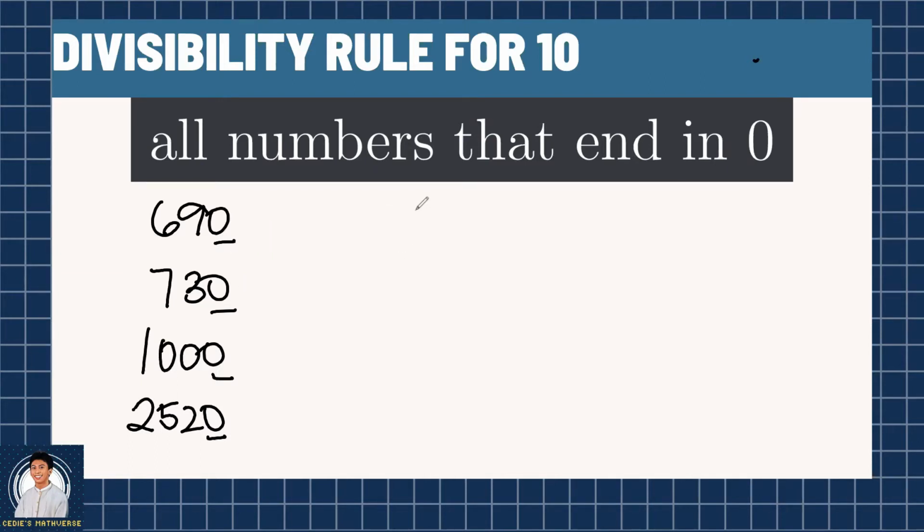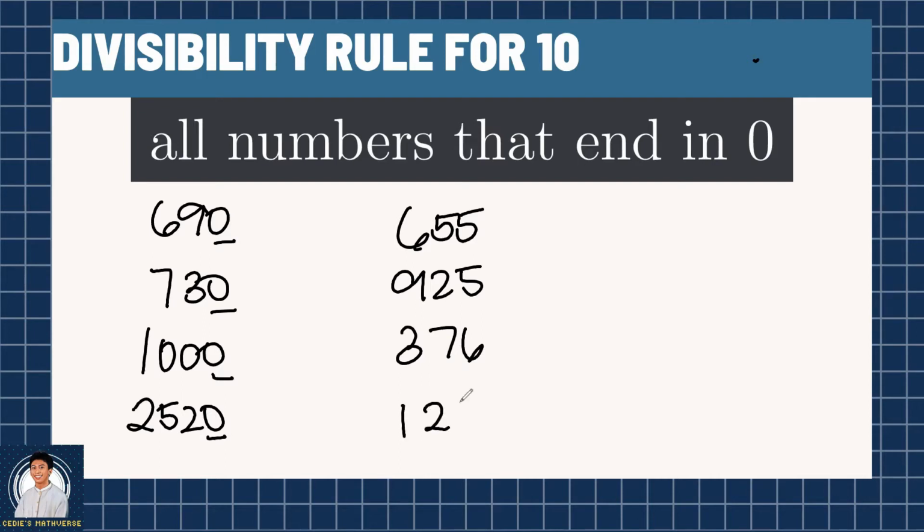However, numbers such as 655, 925, 376, and 121 are not divisible by 10 simply because they do not end in 0.